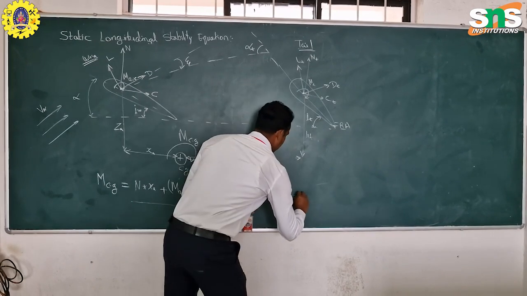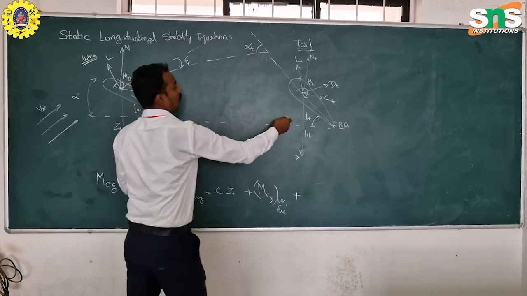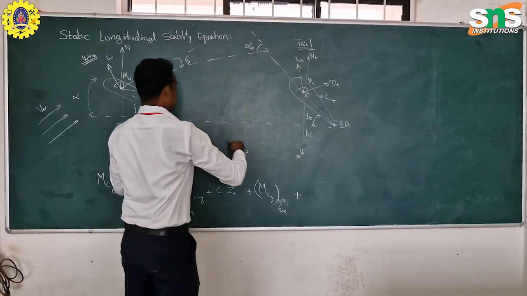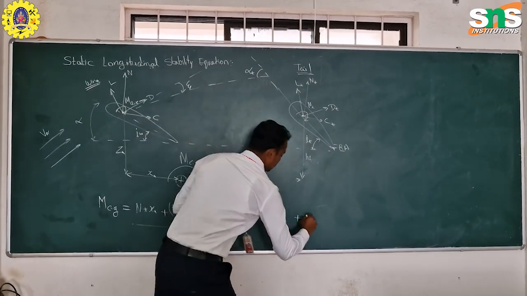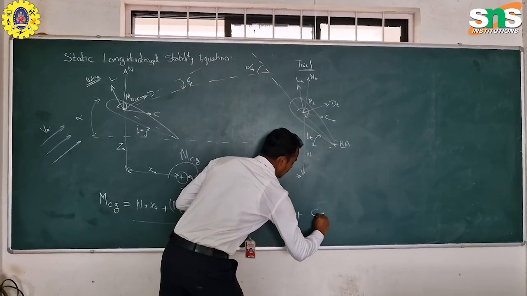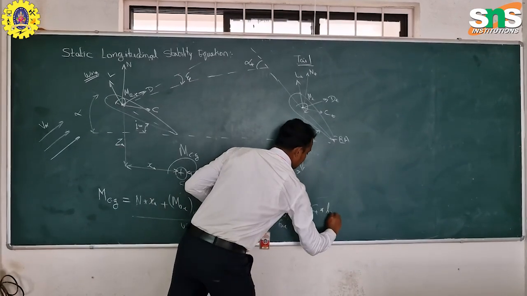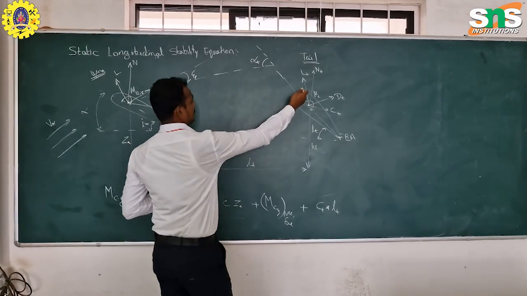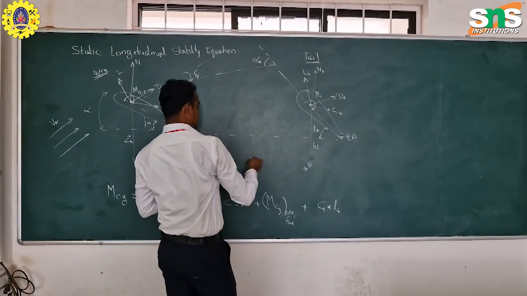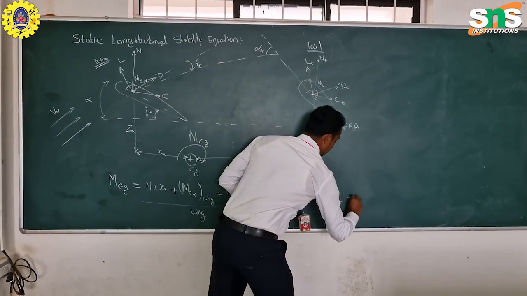Next for the tail. The tail also has force times perpendicular distance, that is the chordwise force C_t times l_t. The normal force of the tail, and x_t will be negative. That is a major thing.